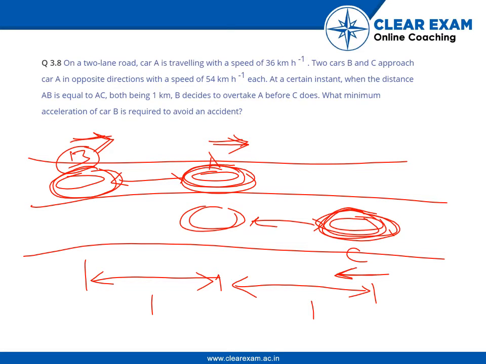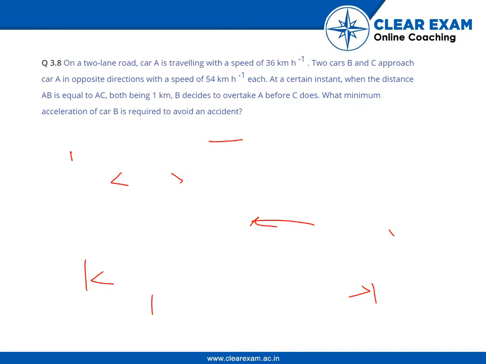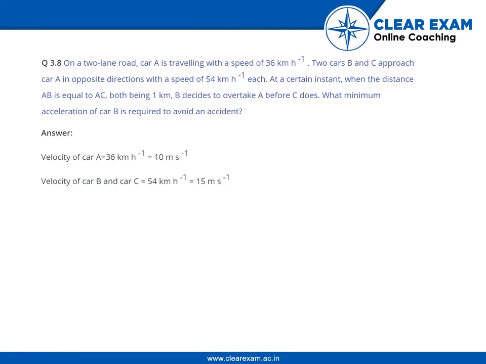Now let us go through the solution to the question. So the velocities of cars A, B and C are given, as we can see from the question itself.